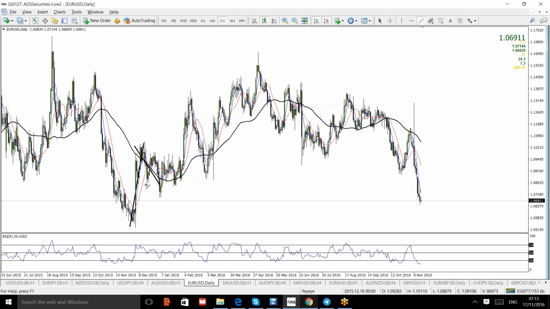Remember, this is also your small leg. This is also your small leg. This is also your small leg. So there are many legs. It depends which leg you're looking at. That is your leg. That is your leg. The price moves in legs.